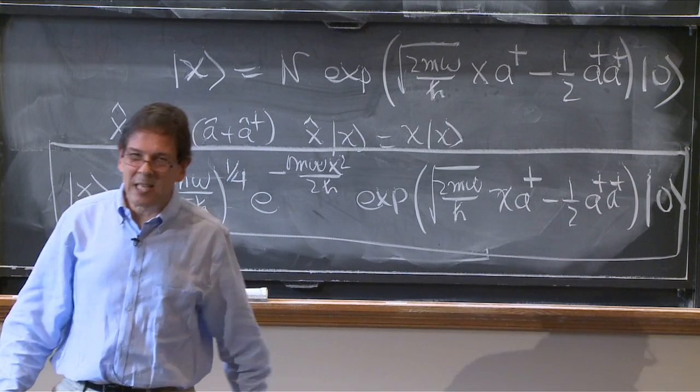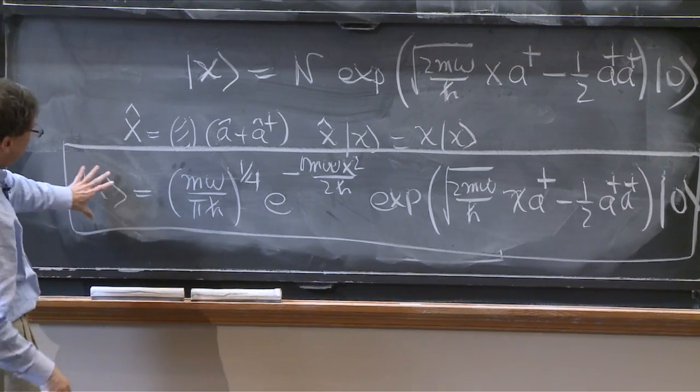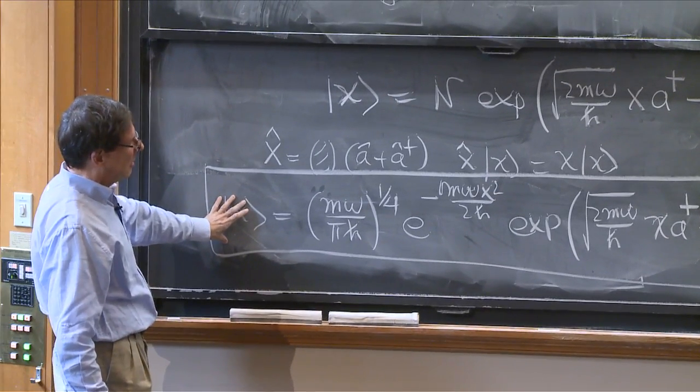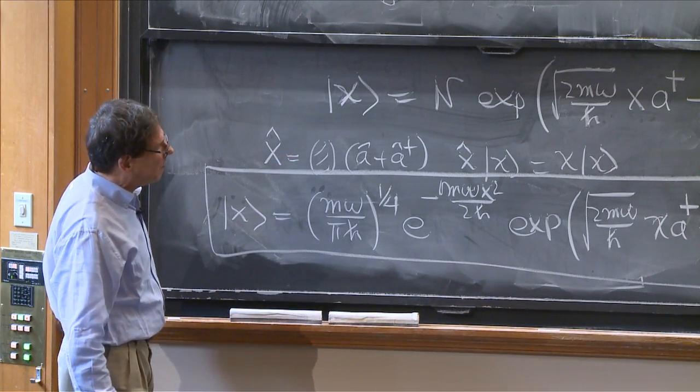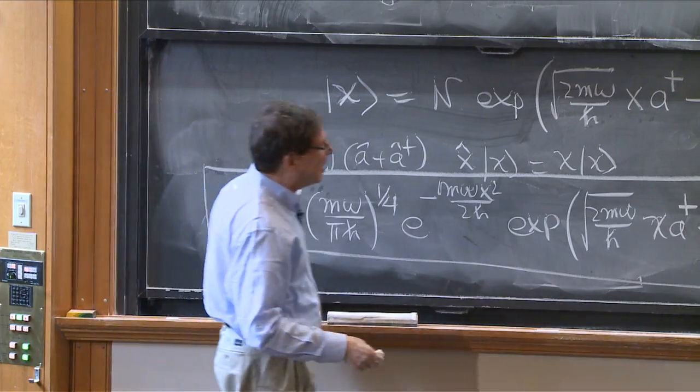So your basis of creation and annihilation operators in the harmonic oscillator is flexible enough to allow for a concrete description of your position eigenstates, a tractable one as well. And that's the extreme limit of squeezing.